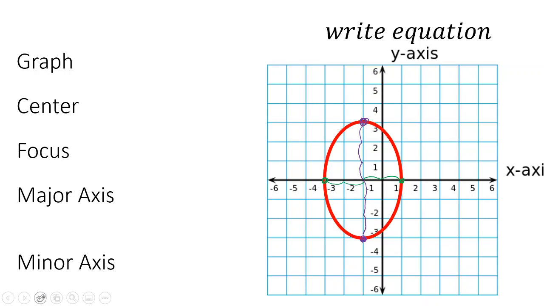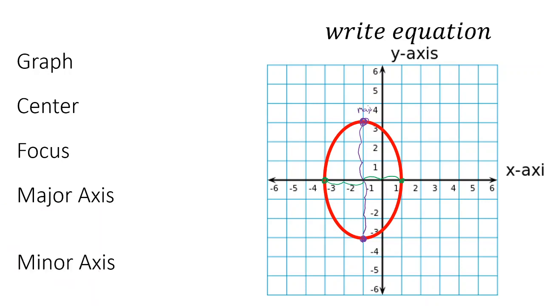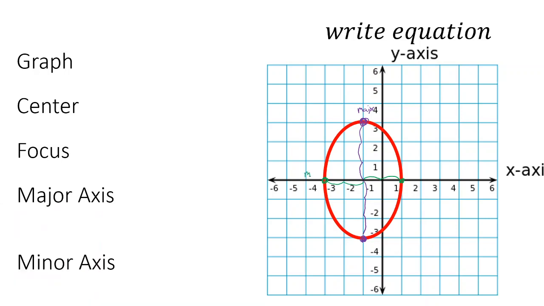So that would make this the major, and that would make this the minor, and that would put the center right there. So the center is at -1, 0.